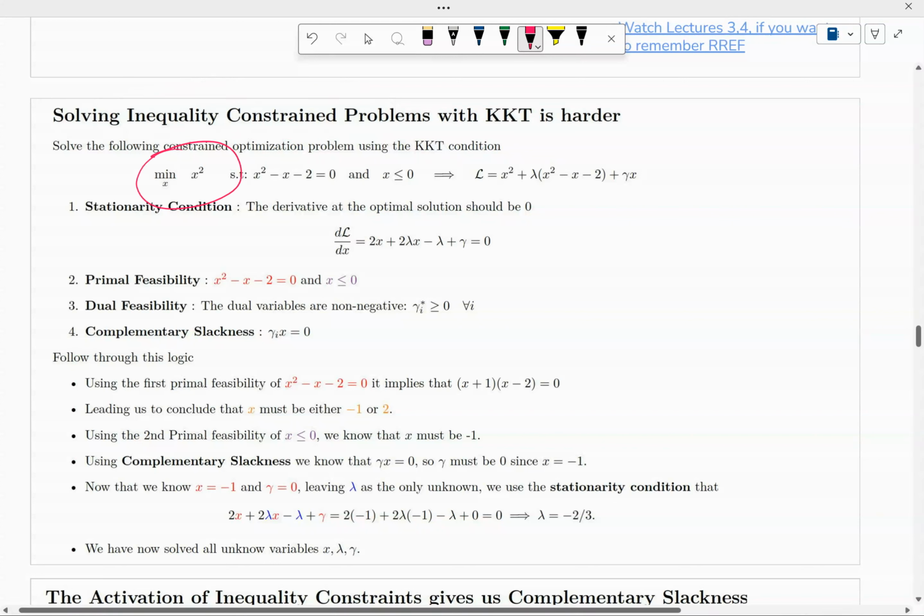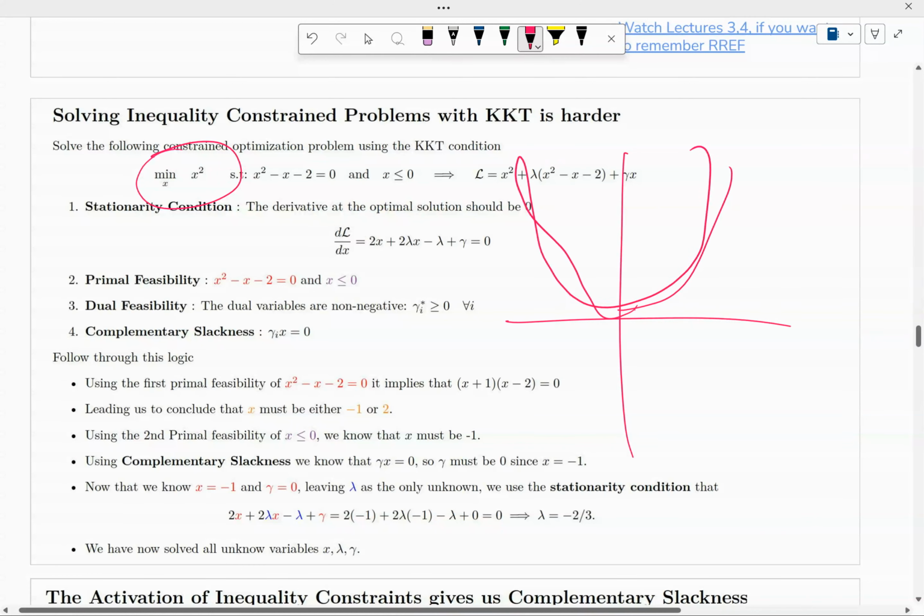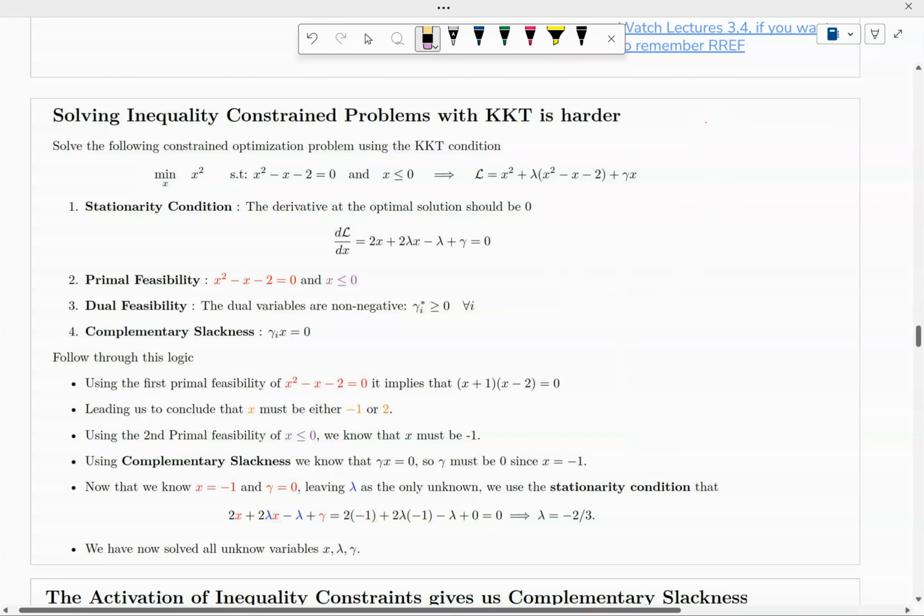So here we have a parabola, x squared, and it's subjected to both an equality and an inequality constraint. Notice I already set up the inequality so that it is always less than zero. The inequality has to be set less than zero.